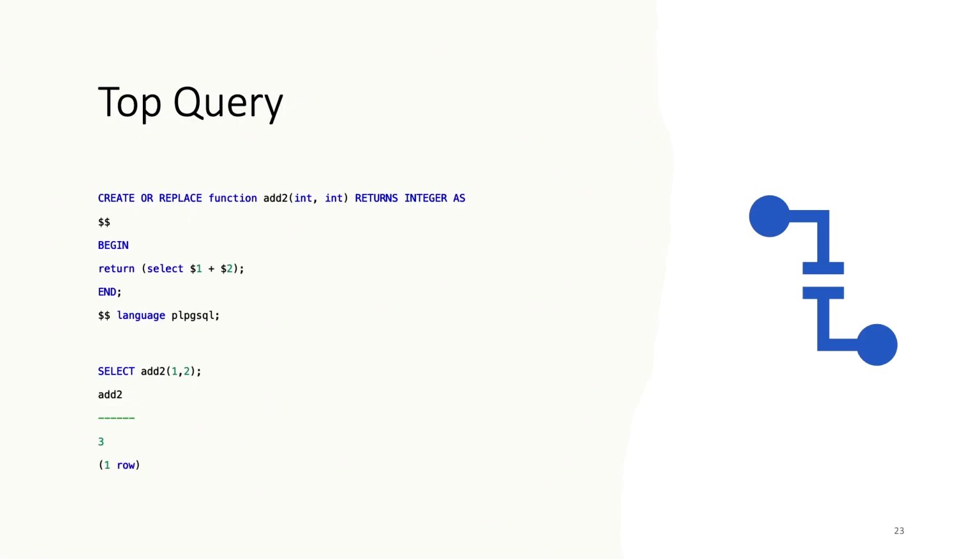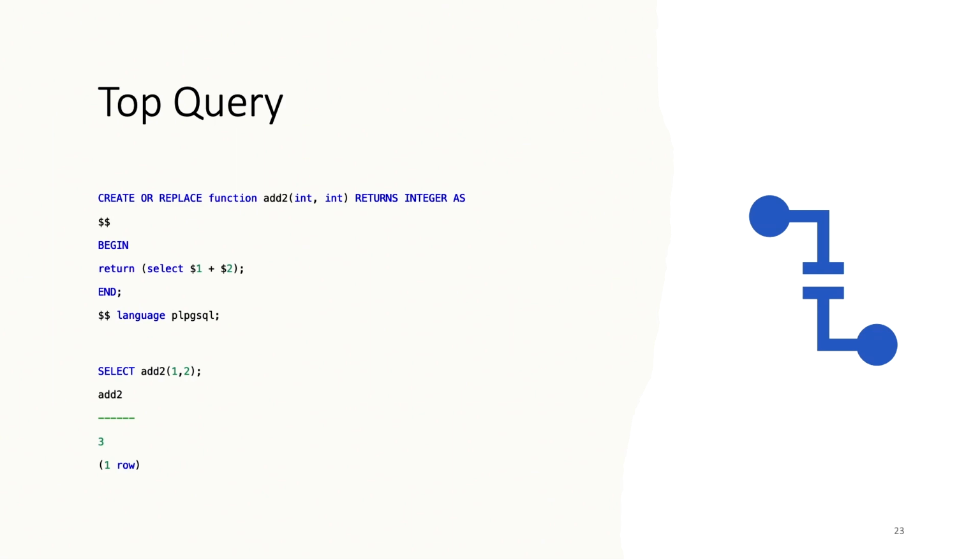Yeah, top query is also really important. If you have a stored procedure with multiple queries in it, pg_stat_monitor will capture both: it will capture the outer call and also the inner select $1 and $2. If you have select $1 and $2 within the call, and another statement select 1 and 2 which is not part of the call, pg_stat_statements will treat them as the same.